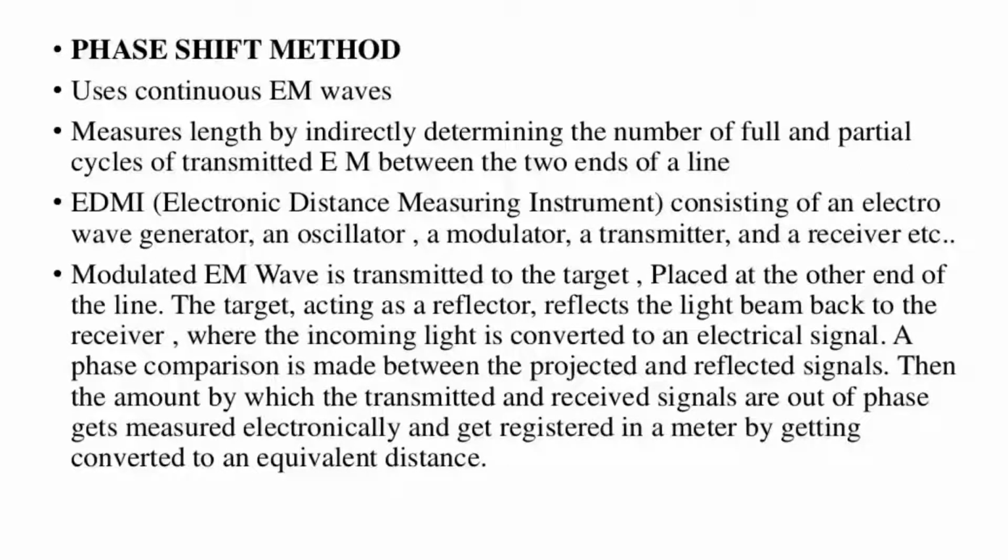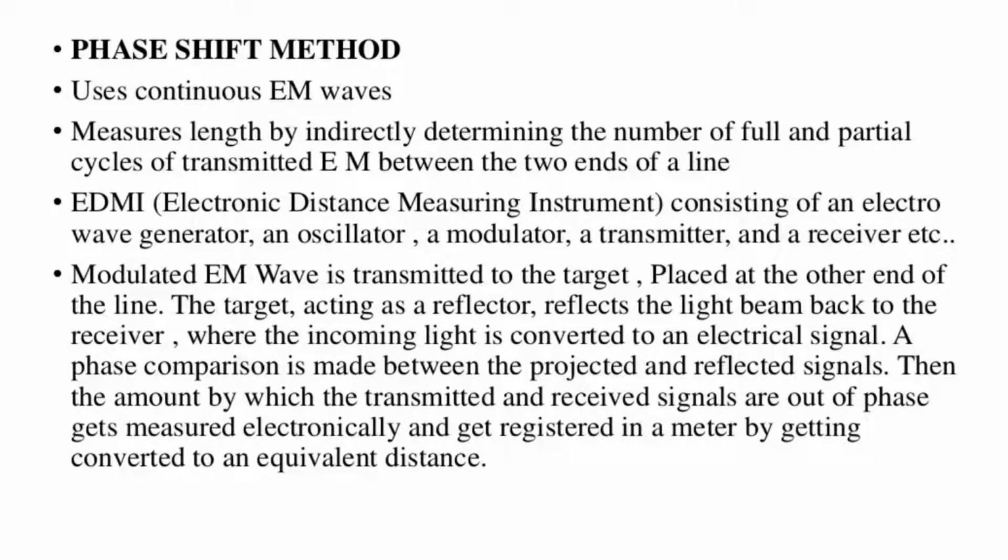To overcome this problem, EDM instruments measure the phase difference between the transmitted and received signals. For this, light beams of different wavelengths are used to determine the distance. This forms the basis for the phase difference method. The majority of EDM instruments, whether infrared or microwave, adopt this form of measurement.